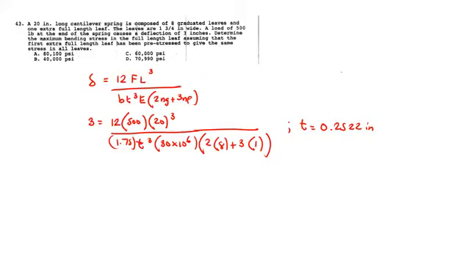Then para makuha natin yung stress na hinahanap, di ba alam na stress is equals to 6FL over BT squared N. So kapag pre-stress kasi ang Fs natin diyan, times Fs, di ba? So ang Fs natin diyan is 1 for pre-stress.